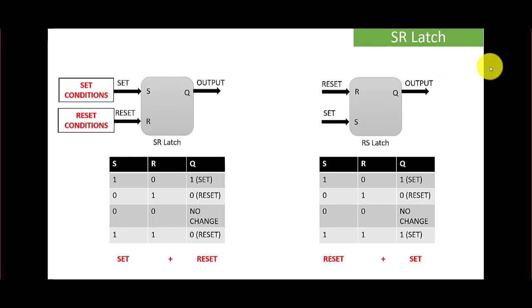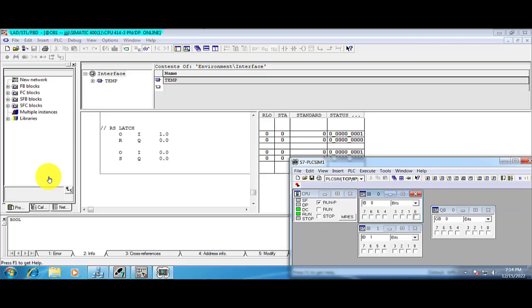You should have probably guessed now how to implement an RS latch. The only thing that is different is that the set instruction has to come last. And with this simple example, you can see that if we have set at 1, reset at 0, result will be 1.